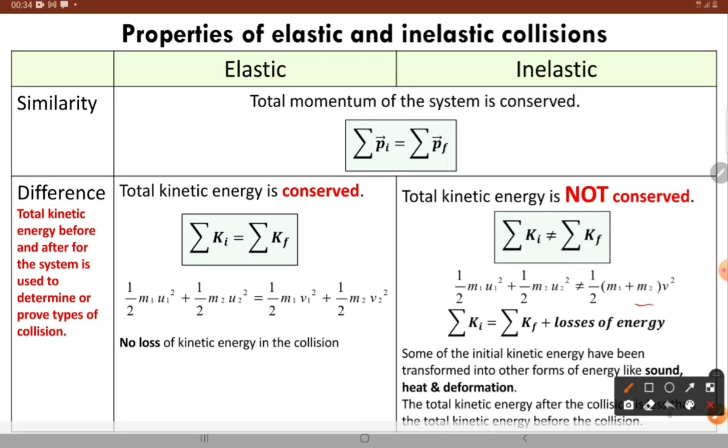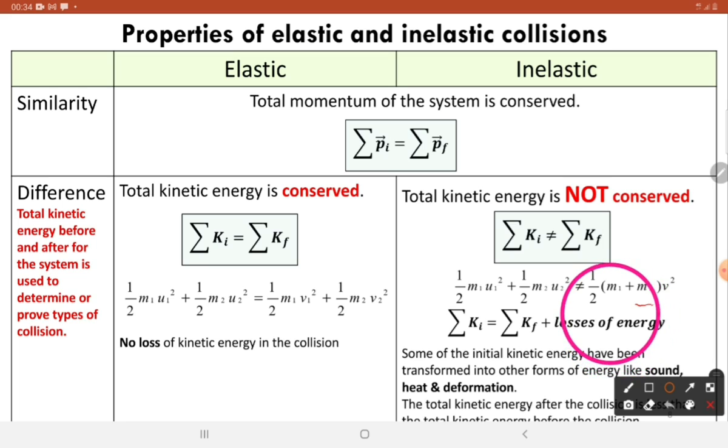When we consider the value of energy loss, this energy loss is actually being transformed into other forms of energy like sound, heat, or deformation.